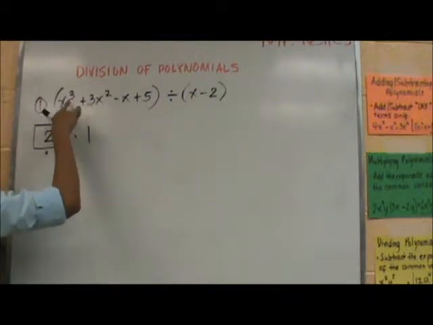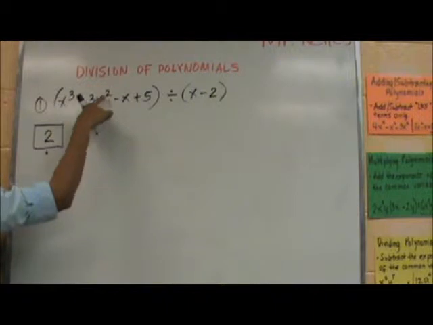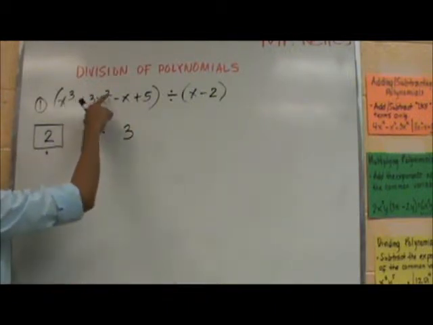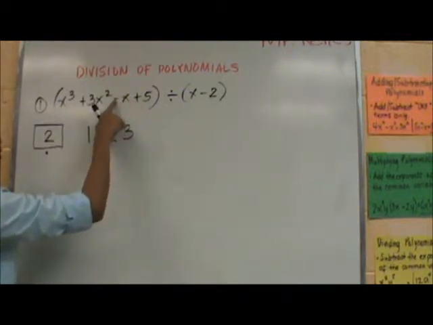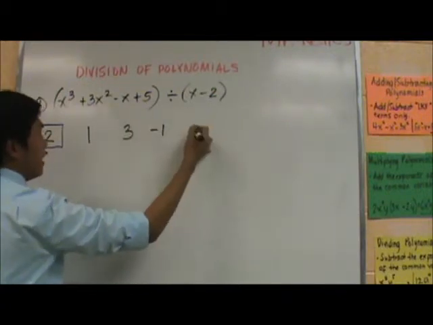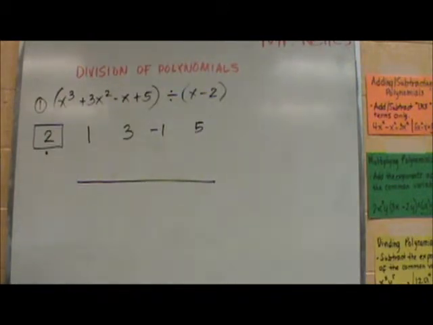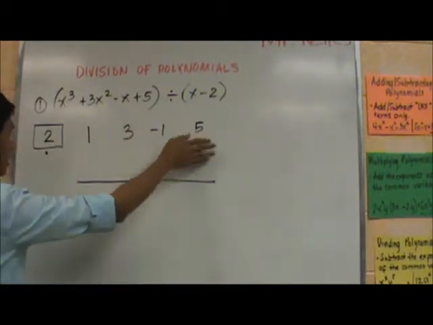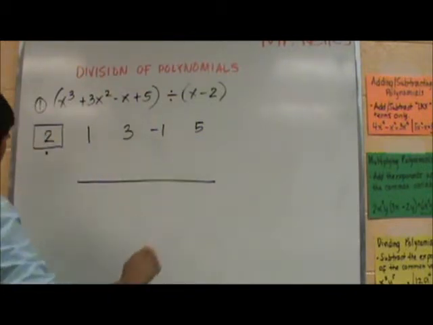Next to the exponent 3 is 2, so we have 3. Next to the exponent 2 is 1, and there's an invisible 1 here, so negative 1, and 5.